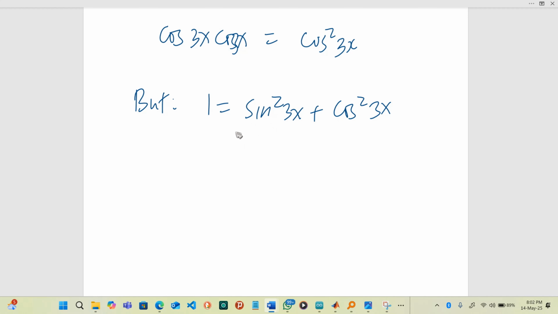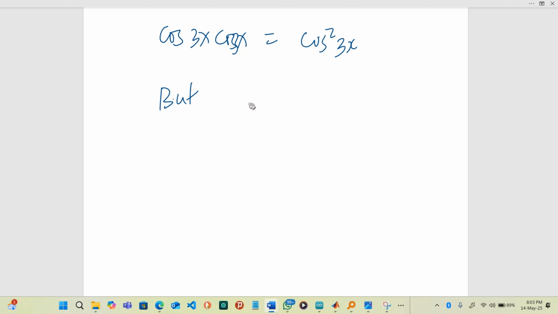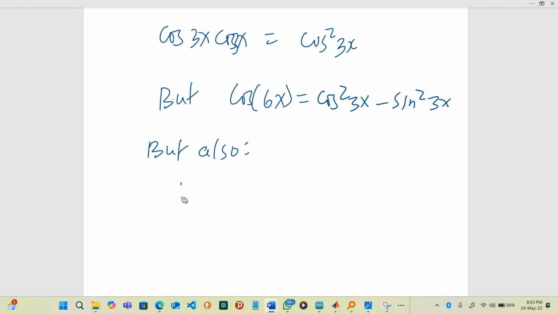But let's look at this expansion. If we have cos of 6x, this is the same as cos squared 3x minus sine squared 3x. But we also know that 1 is equal to sine squared 3x plus cos squared 3x. This is the first identity of trigonometry.